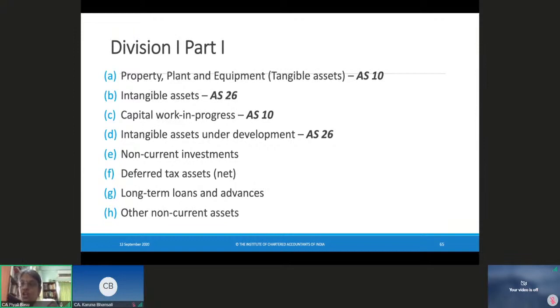So if such an installment is falling due after the threshold of 12 months, it should be accordingly disclosed. Long-term trade receivables should also be separately disclosed as secured considered good, unsecured considered good, and doubtful. That has to be done. And this includes debts due by the directors.